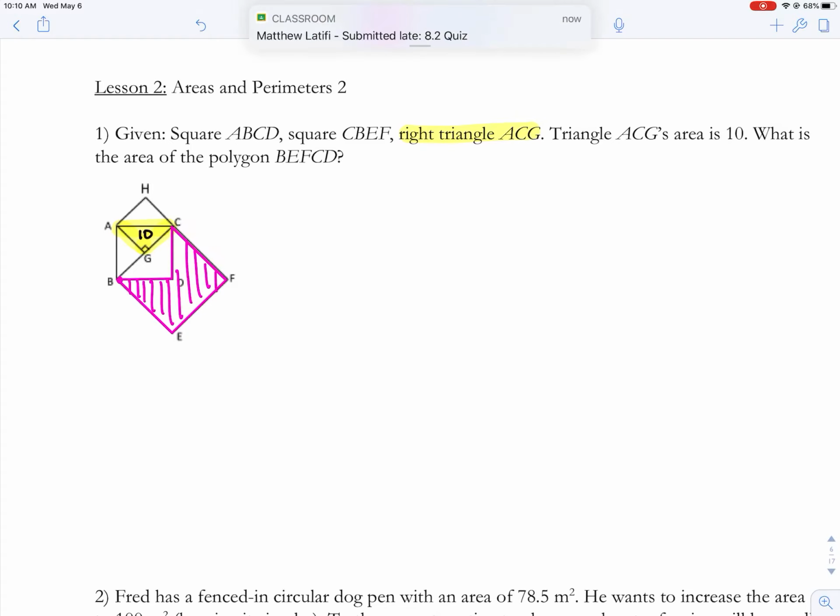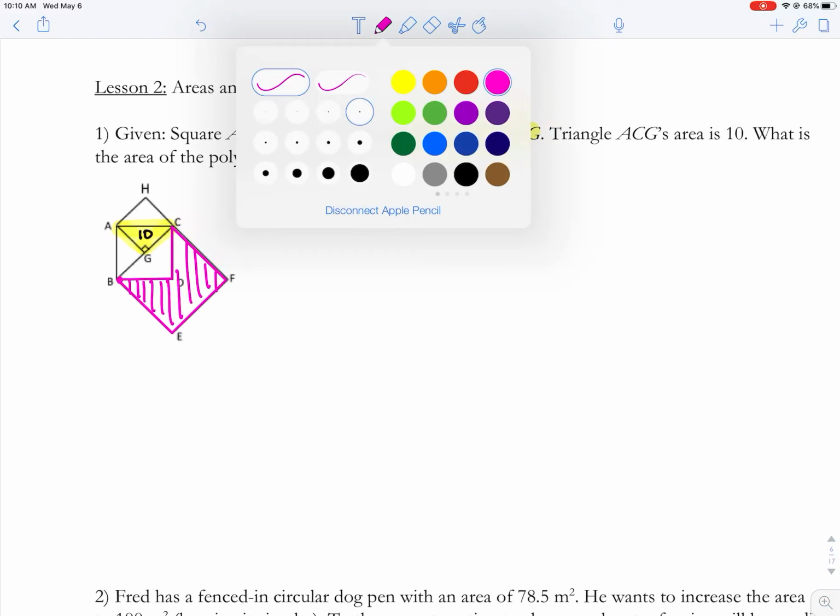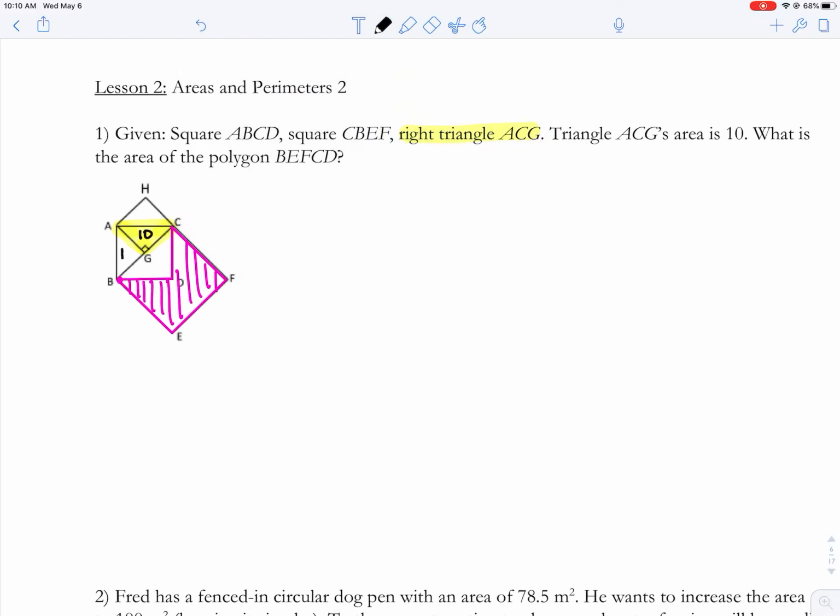And the way I did it was as follows. If we know that that little yellow triangle has an area of 10, then that means that the other area, since that ABCD was a square, it means that AGB is also 10. If those two are both 10, then this triangle, I'm going to switch to red, must be 20.